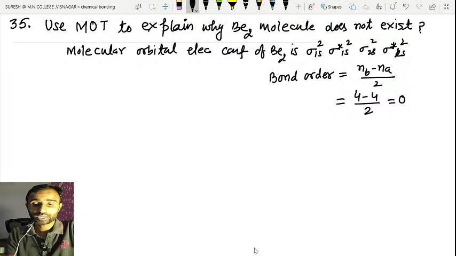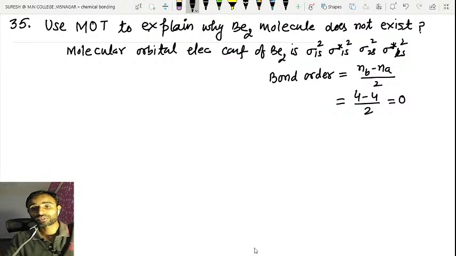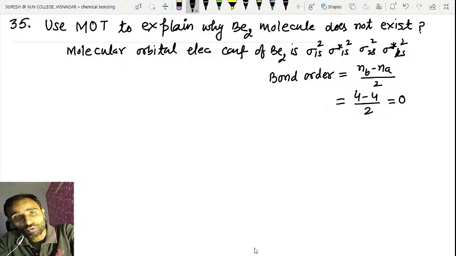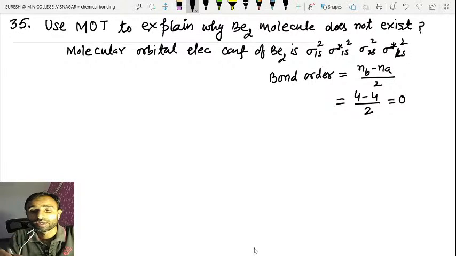Siddharth, this is the explanation. On the basis of MOT, if you would like to explain why helium-2 does not exist, why beryllium-2 does not exist, why neon-2 does not exist, you should write that their bond order is 0, because bonding electrons equal anti-bonding. See, when 1s 1s overlap, we get sigma 1s, sigma star 1s.